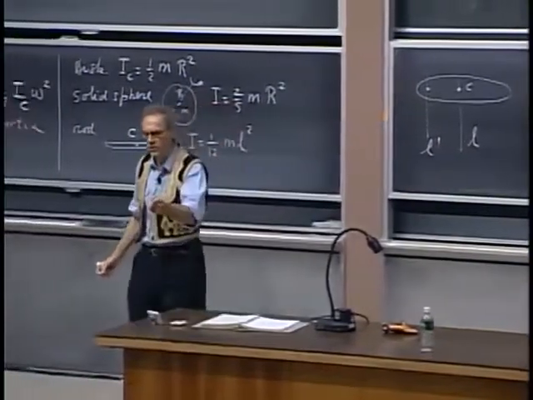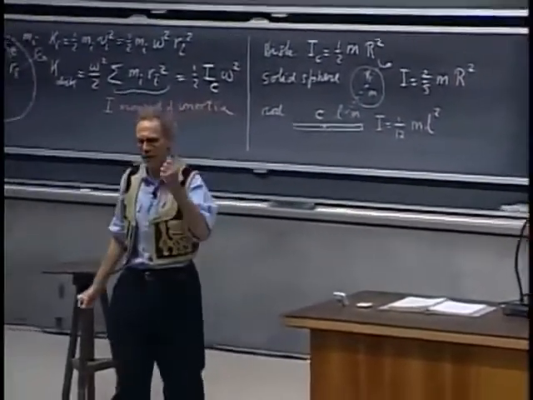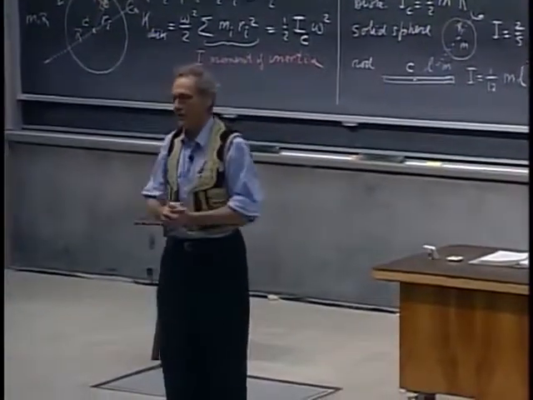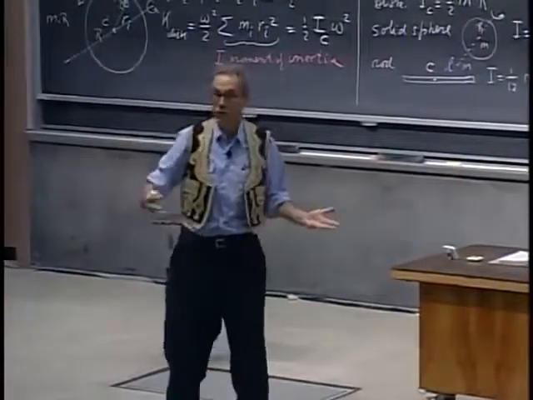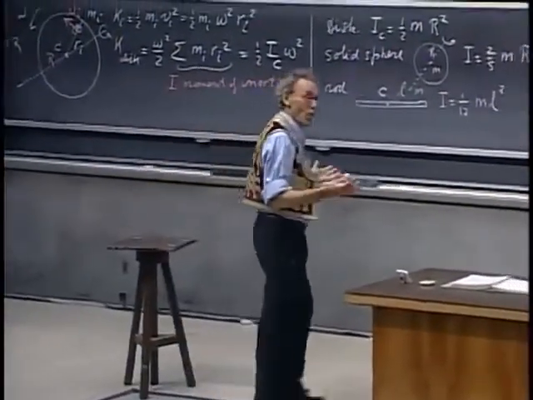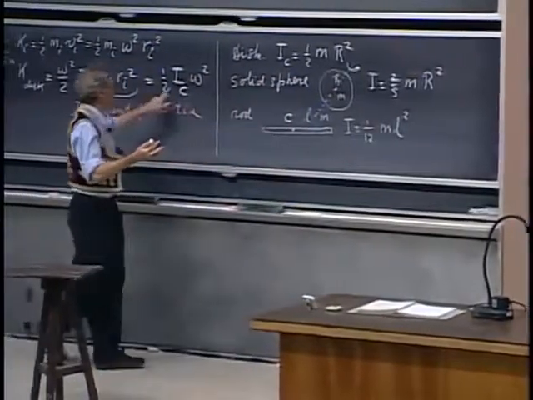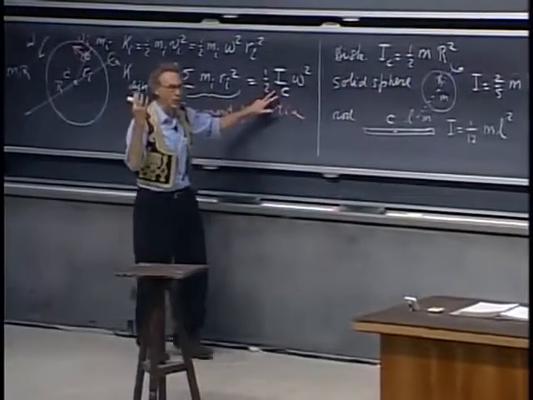And I'm going to force this object to rotate about that axis. I can always do that. I can drill a hole, I have an axle, nicely frictionless bearing, and I can force it to rotate about that. What now is the moment of inertia? If I know the moment of inertia, then I know how much rotational kinetic energy there is. That's 1/2 I omega squared.